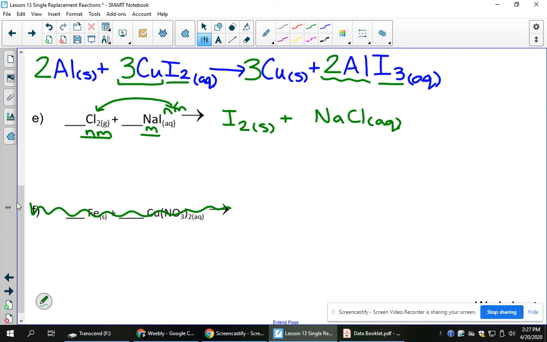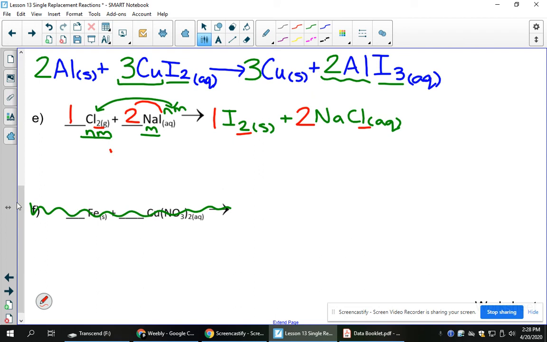Now I'm ready to balance. The numbers that will balance this, well, I see 2 chlorine and 1, so I'm going to make 2 chlorine. That just made 2 sodium, so I'm going to make 2 sodium. That also made 2 iodine, which fixes this, and I'm done.